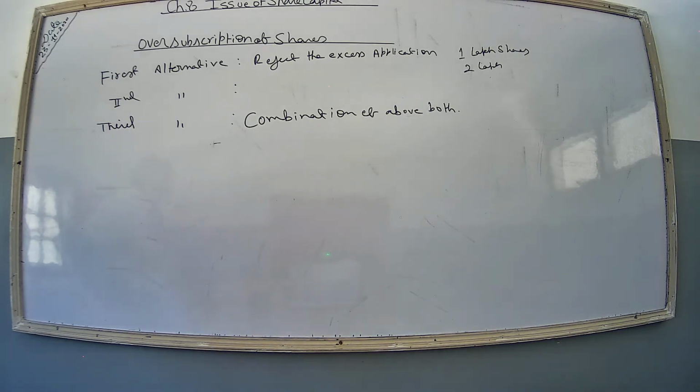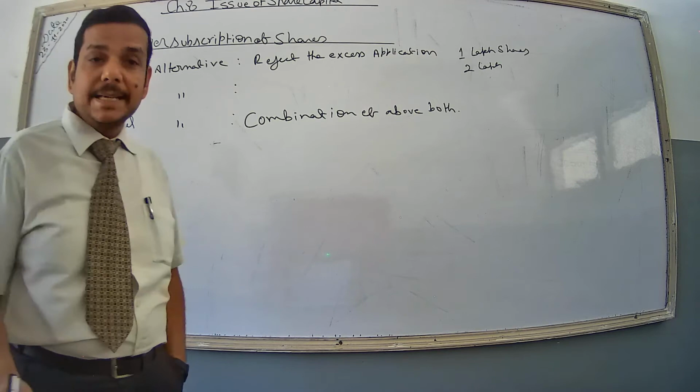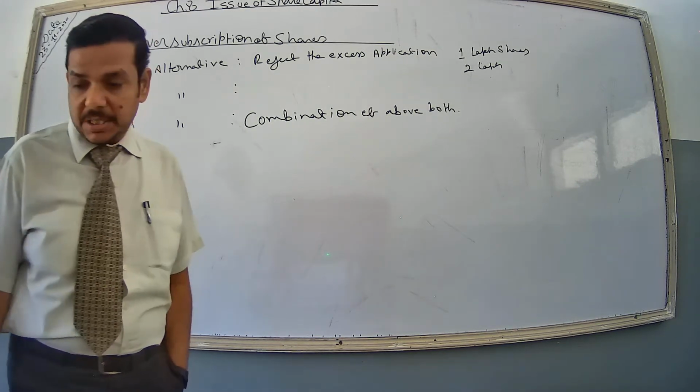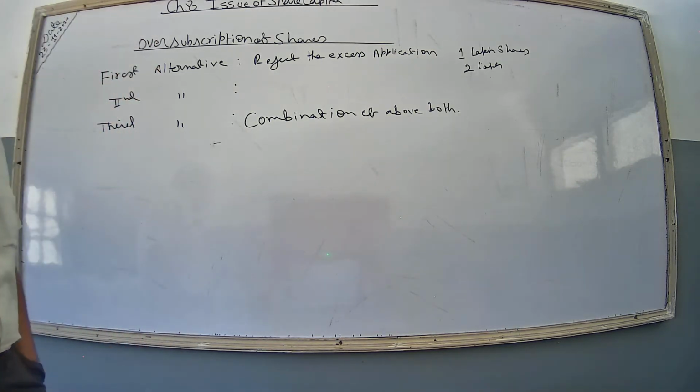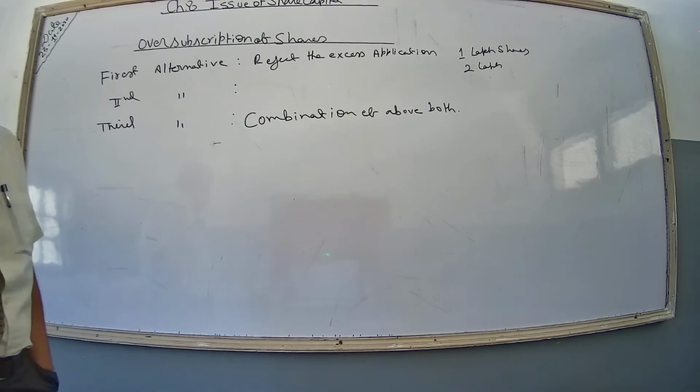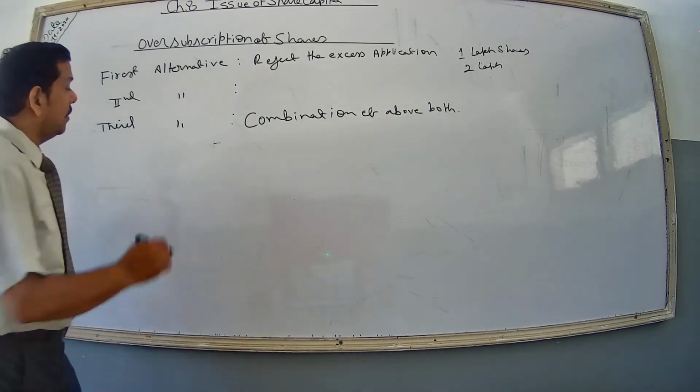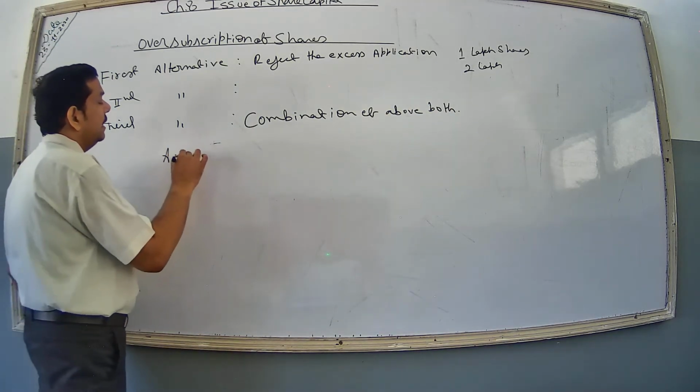Clear? Now we are going to solve one new example, example 16. Raghav Limited was registered with an authorized capital of 10 lakh, divided into 1 lakh equity shares of 10 each.